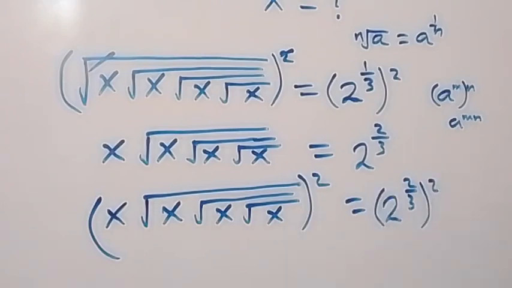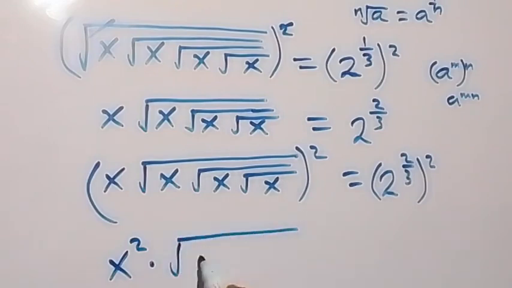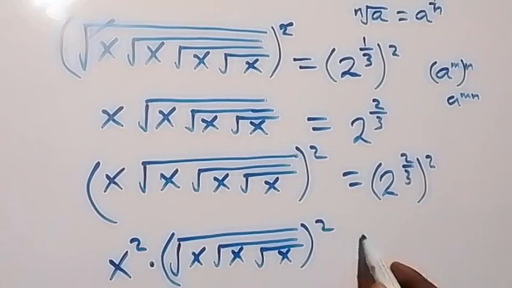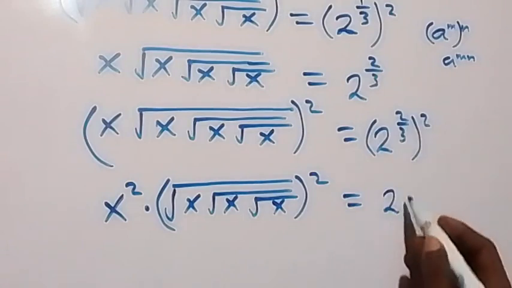And here this square will affect x here, so we have x square, and we also affect this square root. That is, we have square root of x root x root x, now also square. Then also on this side, this power will multiply again. We have 2 raised to power 4 over 3.